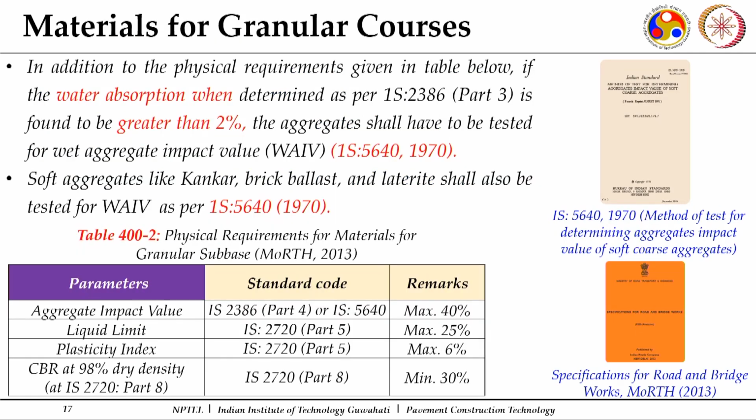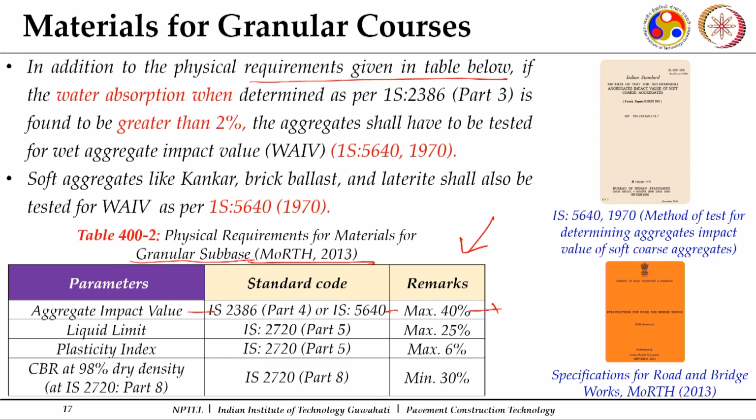Now, what are the requirements? In addition to the physical requirements given in the table below, this is the table given by MORTH 2013 for the materials to be used in granular subbase course. As I mentioned, the aggregate impact value can be a maximum of 40%, so only 40% fines can get generated.